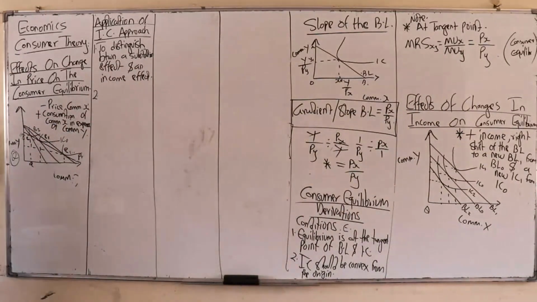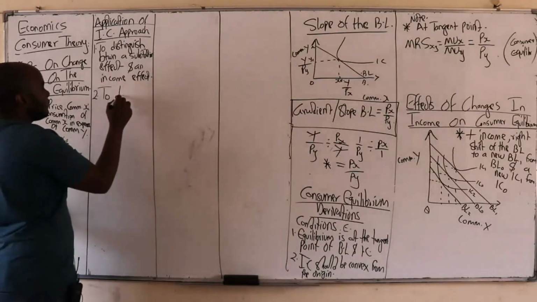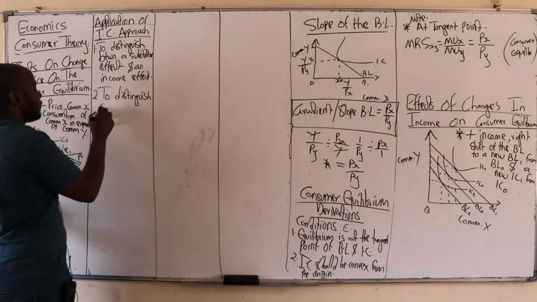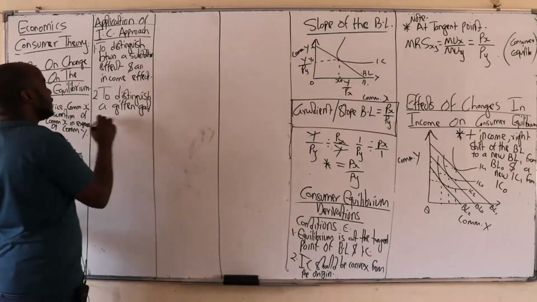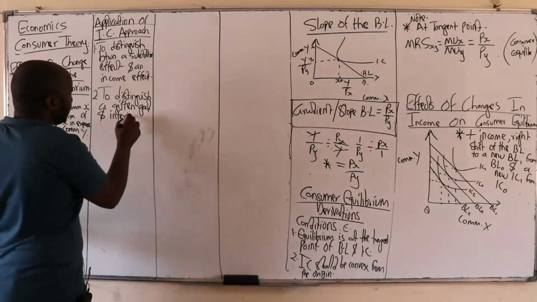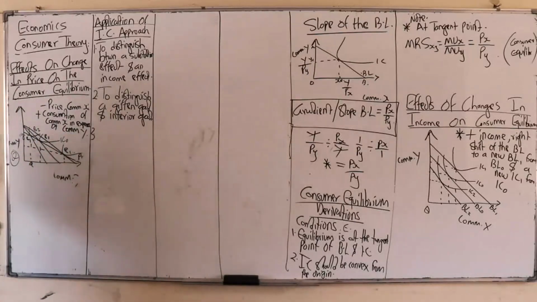Number two is to distinguish a normal good and an inferior good. It's used to distinguish between a normal good and an inferior good.